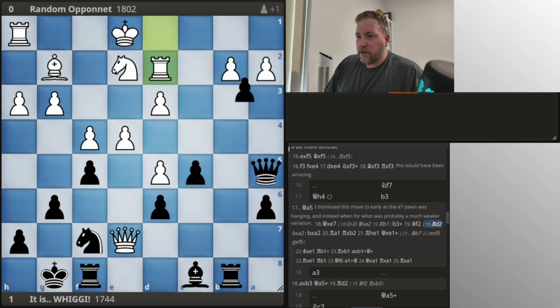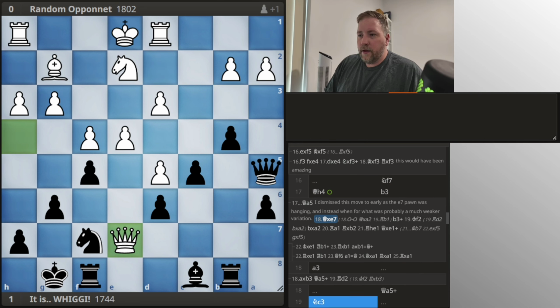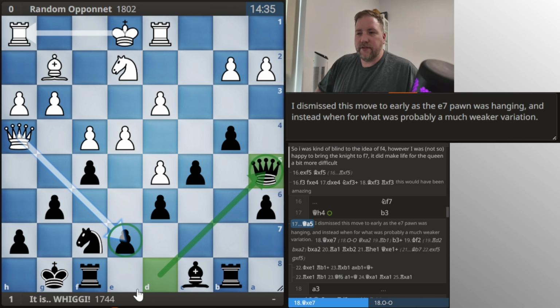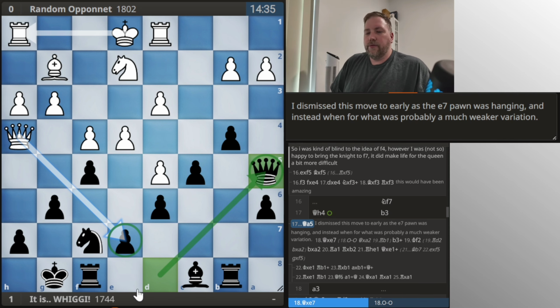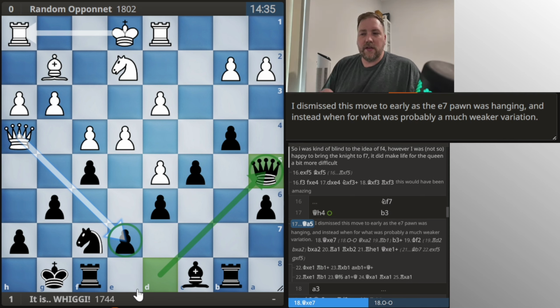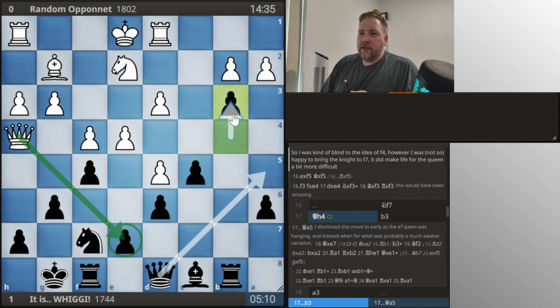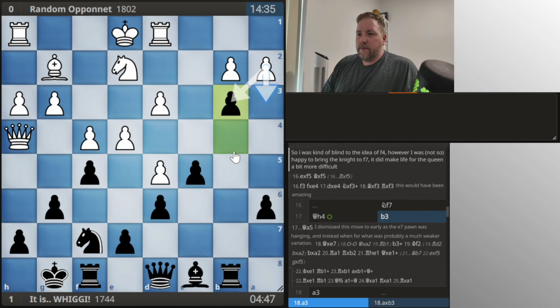And of course, my opponent never needed to play queen takes e7 either. So we don't really know how this would have turned out, but it's definitely one I will be running through the engine. And I think this move here is one of the biggest mistakes that I had. Instead, I didn't see that, and I played here just to open it up for the check.